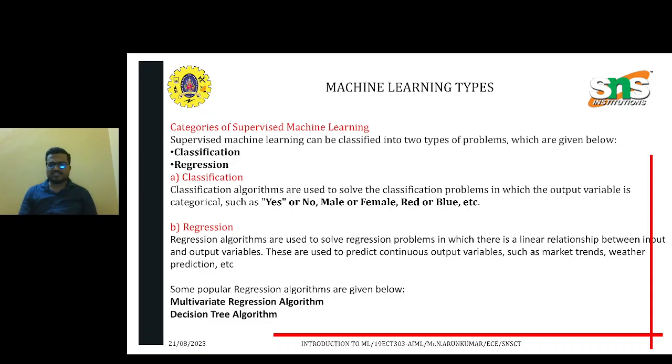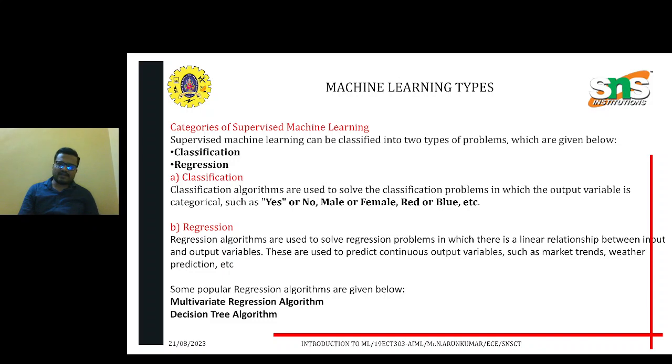First one is classification and regression techniques. Classification, as the name itself says, classifies the number of data sets. We can add more information to the machines, like yes or no, female or male, red or blue, based on the applications of users. Next one is regression.